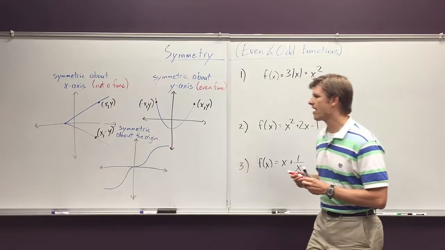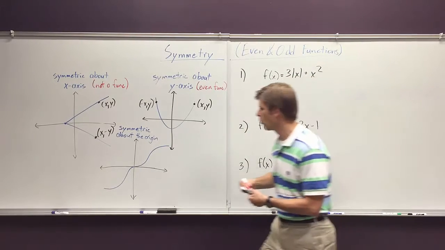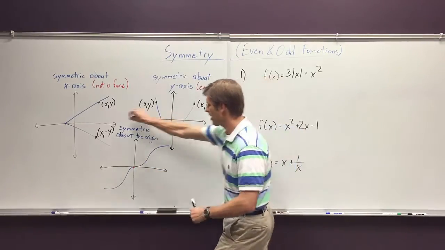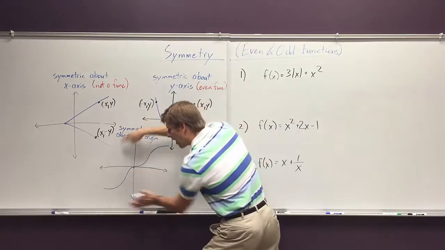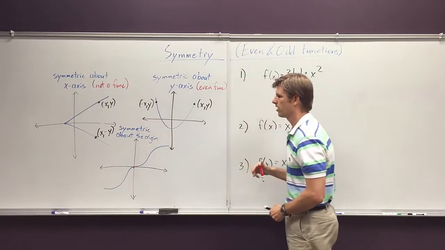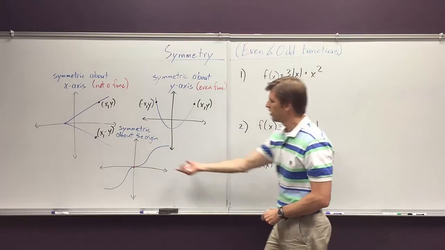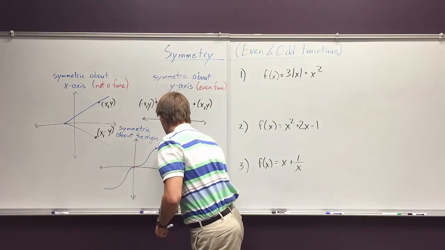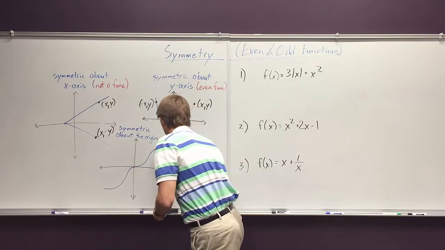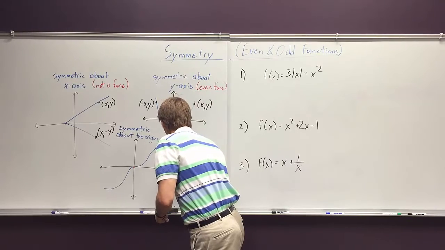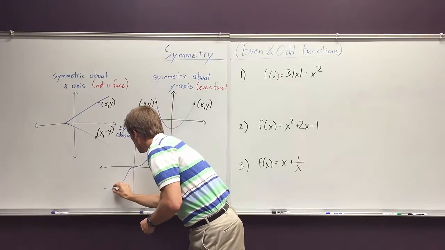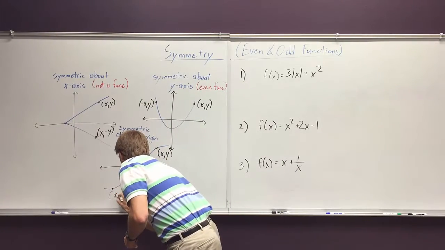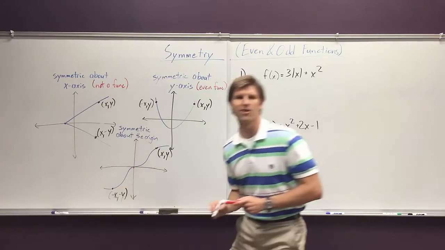The last thing we have is something that's symmetric about the origin. So symmetric about the origin right there. Imagine if I cut out around this and then spun the entire picture. Okay, if I spun the entire picture, we would get the same picture. That means this point x, y is on the curve if and only if the point negative x, negative y is on the curve.